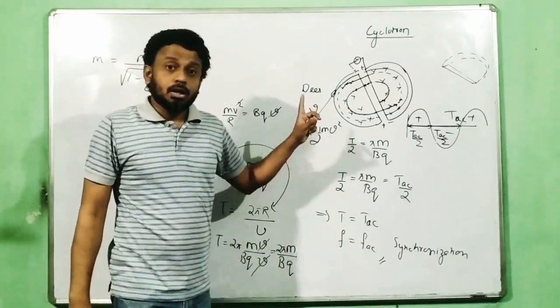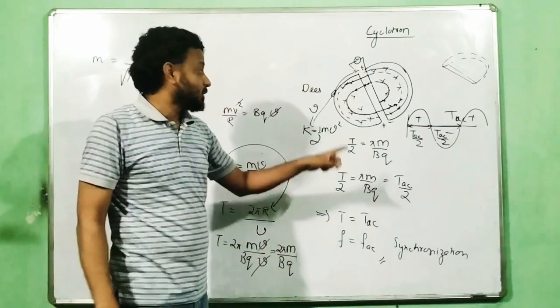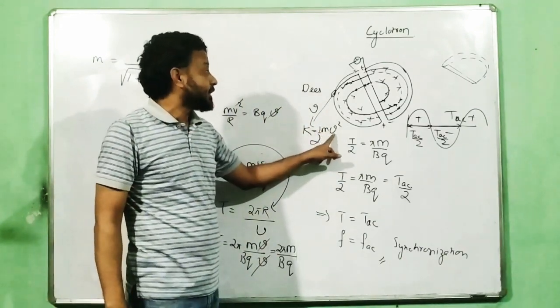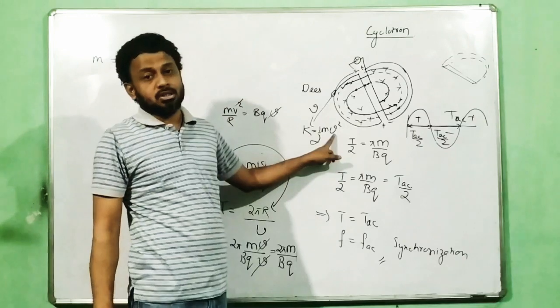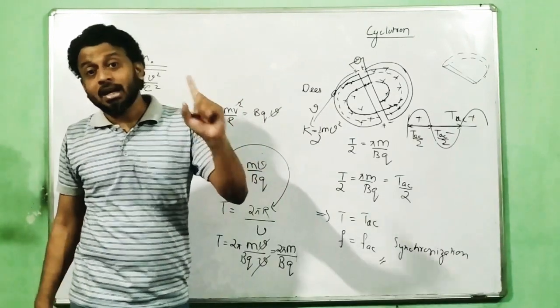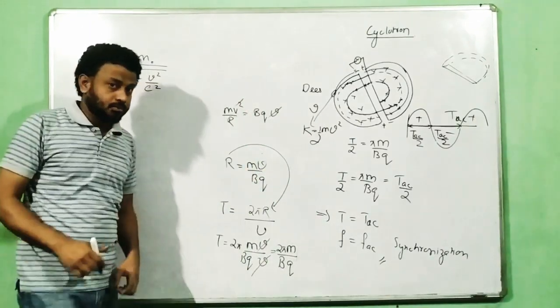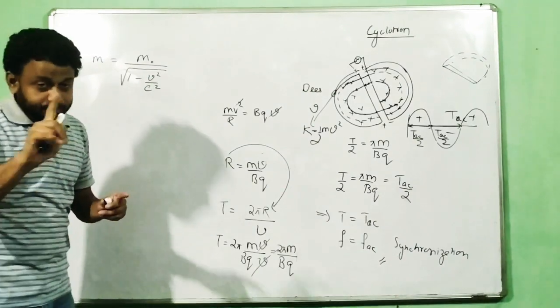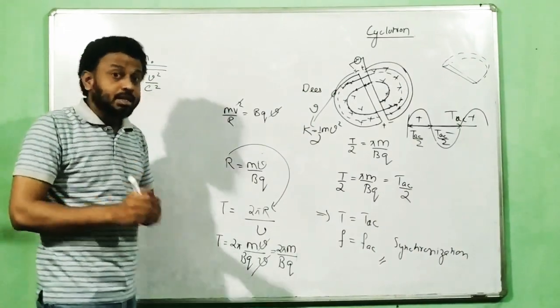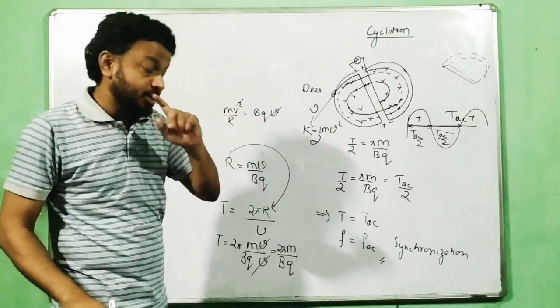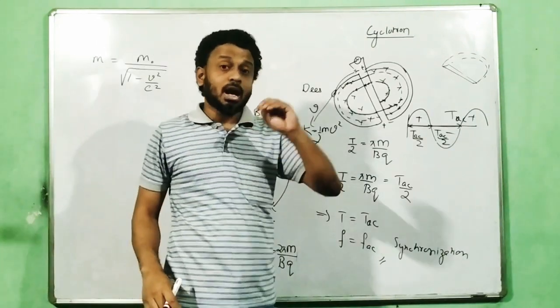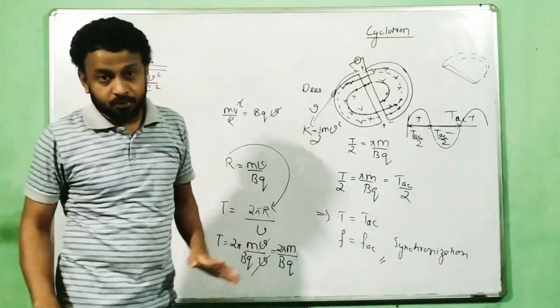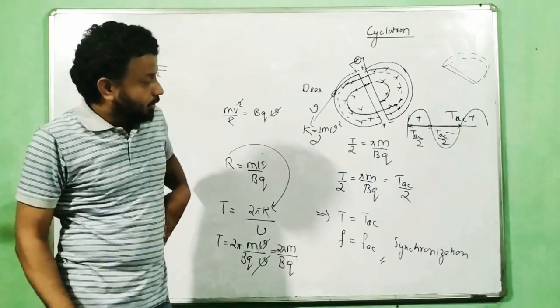So, since electron has less mass, it needs to be accelerated to a very, very high velocity in order to get a desired kinetic energy. Correct? First step, we understood that we need to accelerate the electron to a very high velocity.